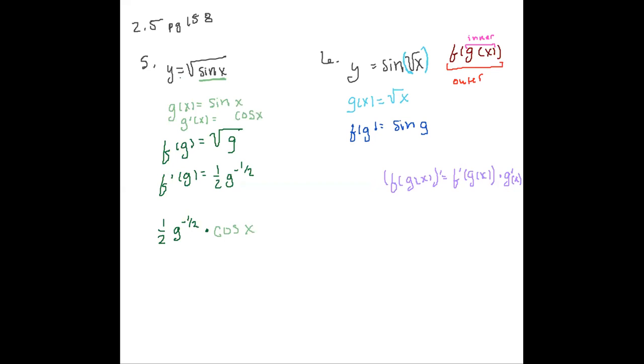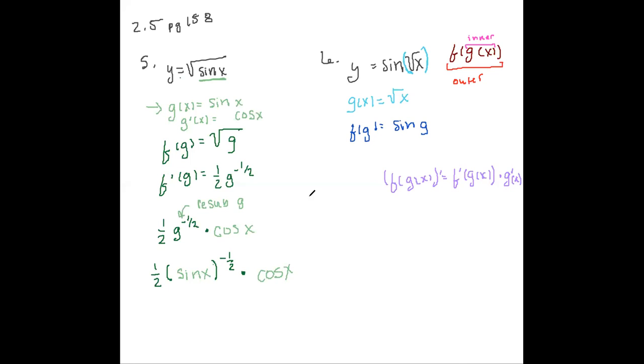we will try to wrap this up pretty quickly. The only thing that's left for me to do here is going to be to resubstitute g where it belongs. So this becomes 1/2 times g, my original g, right there, hasn't changed, sine x, and that is to the negative 1/2 times g prime, which is cos x.